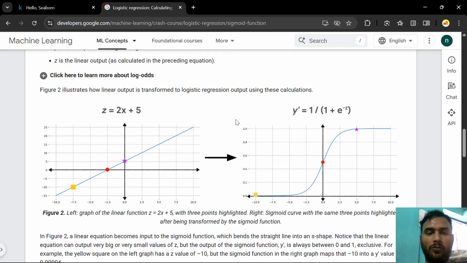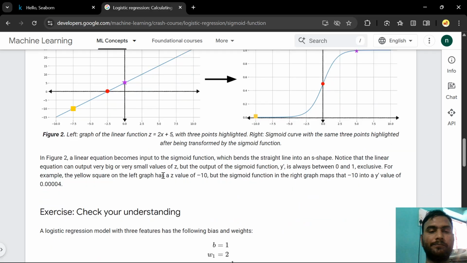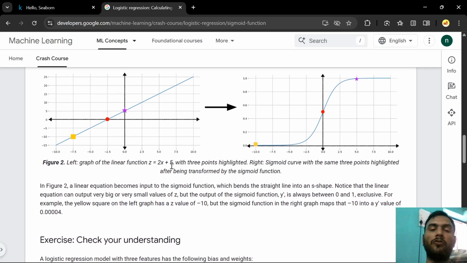Moving on, here it is shown that the left graph is the linear regression, and the same graph is transformed into logistic regression with the help of y is equal to 1 upon 1 plus e to the power minus z. The linear equation becomes input to the sigmoid function, because in a neural network, we use the sigmoid function at the output layer to find the exact probability of a particular outcome.